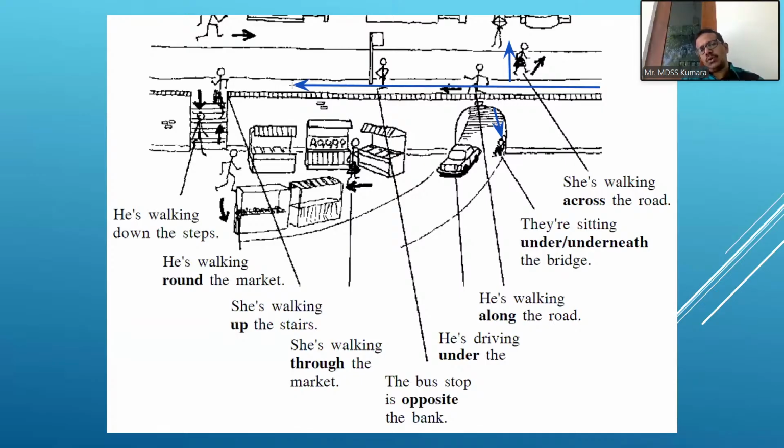You can also say on the road or down the road. There are other options as well, but along is a more common one. He is driving under the bridge. So this car is driven under the bridge.